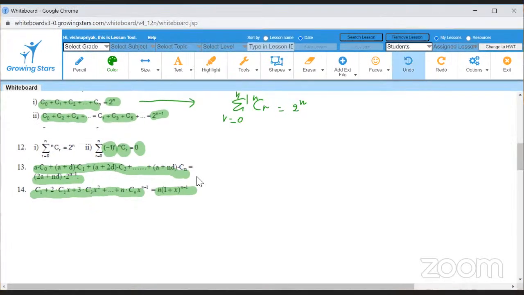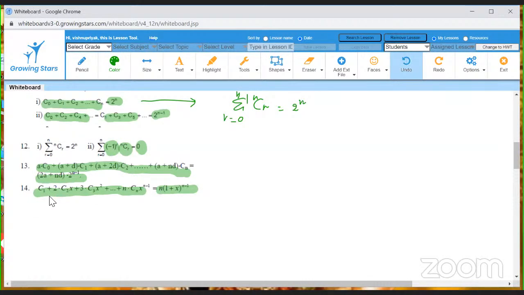Okay, next one: C1 plus 2 C2 x plus 3 C3 x squared plus ... plus n Cn x to the power n minus 1 will be n into (1 + x) to the power n minus 1. As I told you, learn by heart, by any method. Find one shortcut method to remember all these. It will be easy for you.